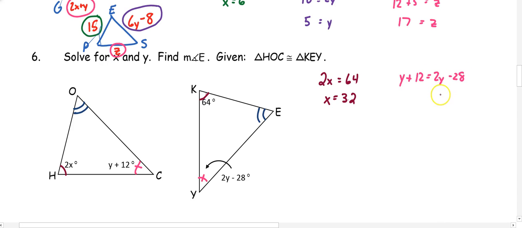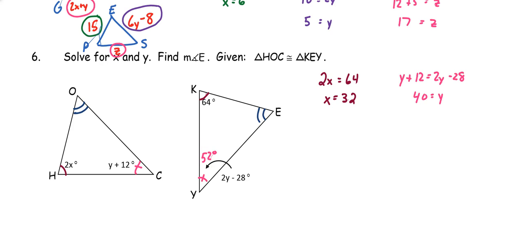So I'm going to subtract y from both sides and add 28 to both sides, and I get y equals 40. Now, once I know y is 40, I need to know what this angle actually is to help me get angle E. So 2 times 40 minus 28. Well, 2 times 40 is 80. 80 minus 28 would get us 52 degrees.